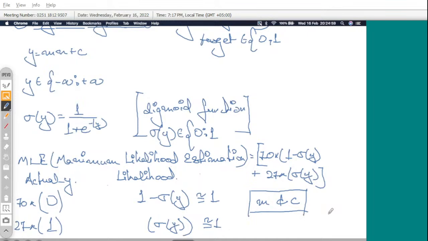Difference between MLE and OLS. Maximum likelihood estimation is clear. What is maximum likelihood estimation, everyone? Perfect. So we are trying to maximize the likelihood. And in OLS, the ordinary least square method, that was the one we discussed in linear regression.